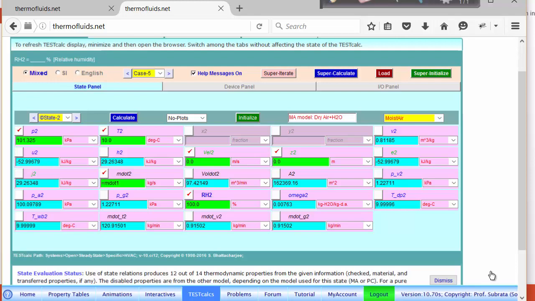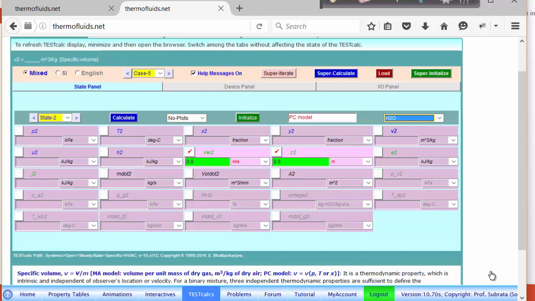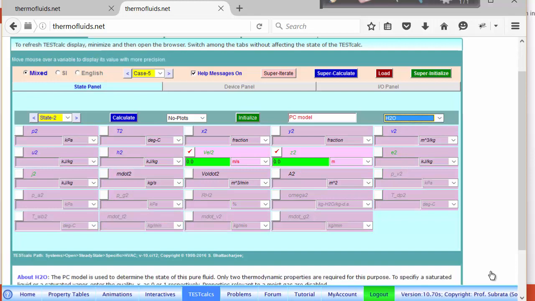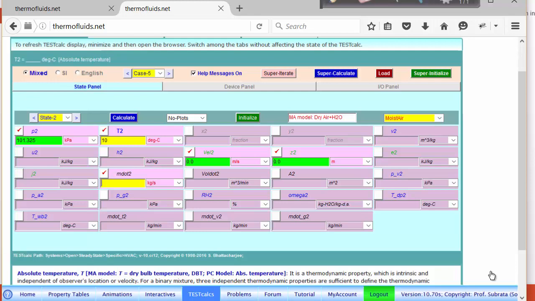So we found state 1 and state 2, and to find state 3 we select H2O. Oops, I made a mistake. State 2, I shouldn't have done that. We should have selected state 3 first. So we have to redo state 2, I'm sorry, which is 10 degrees Celsius, 2, and relative humidity is 100%.